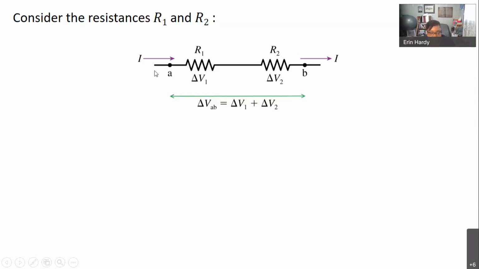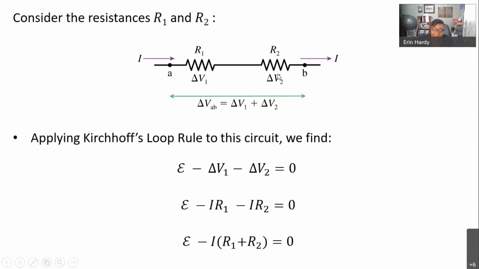There's no junction anywhere between resistor 1 and resistor 2. So I know that the current through resistor 2 has to be exactly the same as the current through resistor 1. Now their delta V's, or their resistance values, can differ. And if we assume that they are different here, then our loop rule is going to involve our one positive delta V, our battery that is not shown here but has to exist in order for the current to be bigger than 0.